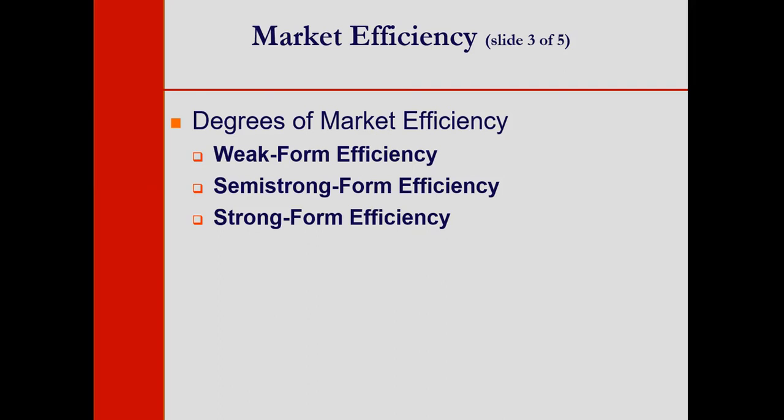Then in case of strong form of market efficiency, the stock prices reflect all the information, be it publicly available information, be it the past prices, or even the private information. So nobody can get abnormal returns. I'm using the term abnormal returns. That means the return over and above the risk profile of that firm, because return has to be a reward for risk only in case of efficiency.